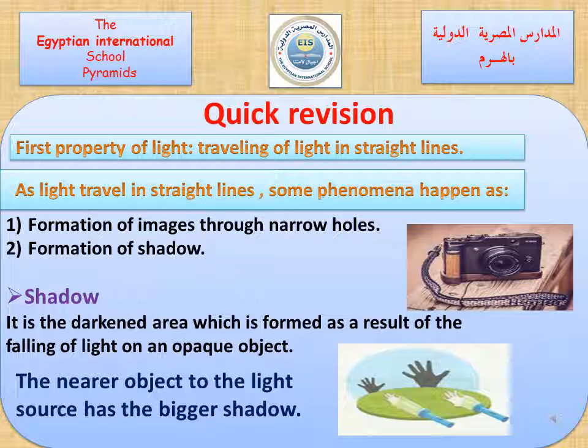Number 2, formation of shadow, and that the definition of shadow is the darkened area which is formed as a result of falling light on an opaque object. And we have known that the nearer the object to the light source, the bigger the shadow.